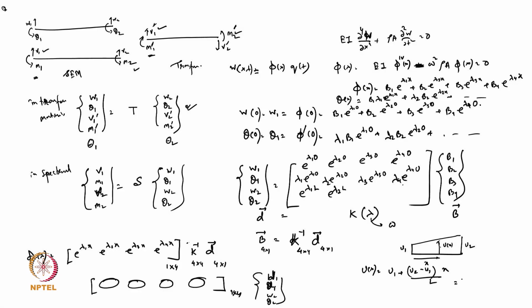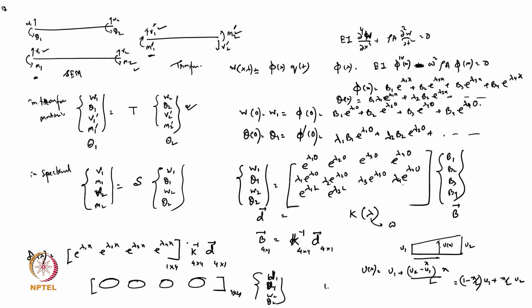Now you wrote it this way so that we can capture it in terms of u1 and u2. So that will be u1 times (1 minus x by L) plus x by L into u2.